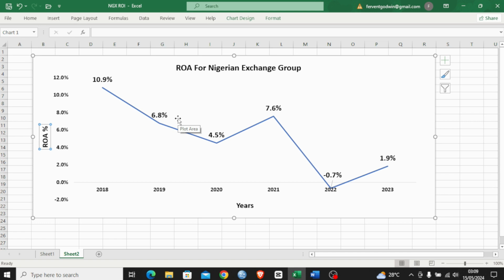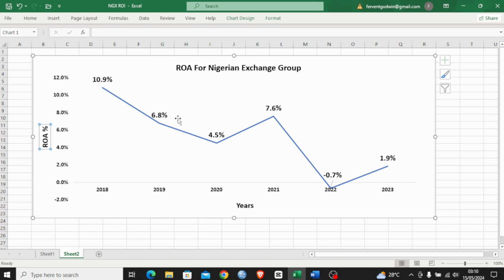It indicates the profitability of a company relative to its total assets, and it further provides insights on how well the management is using the company's resources. So how well are they maximizing the resources to generate income? One of the importance of this return on assets is that it measures efficiency, like I mentioned before.